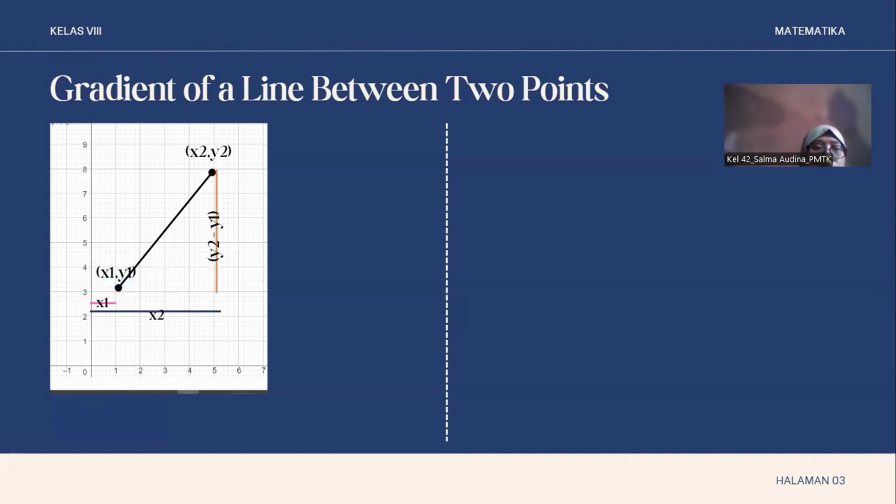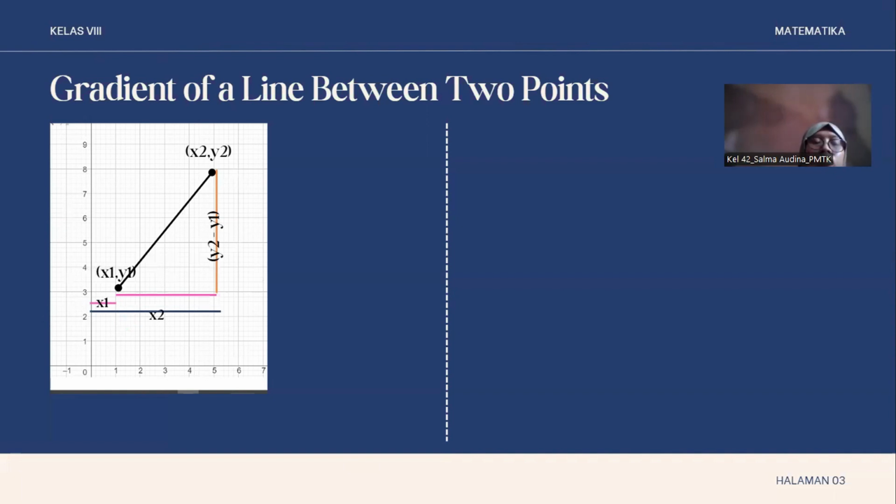So the horizontal distance from the first point to the second point is a subtraction of x2, the blue line, with x1, the first pink line.